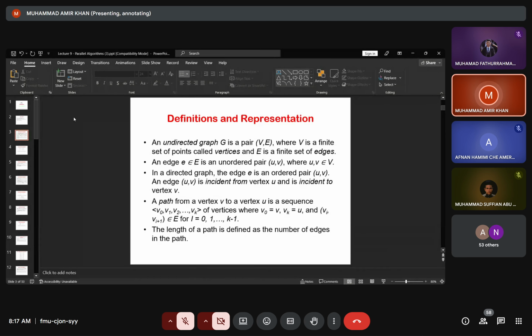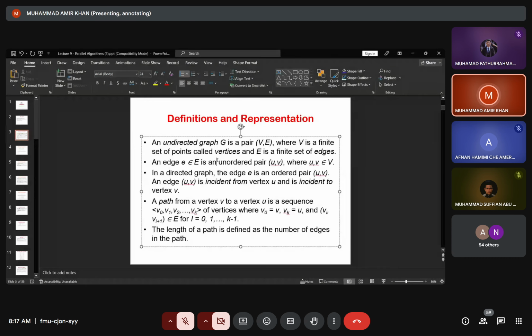So what is a graph? There are two types of graph, directed or undirected. For example, an undirected graph is an ordered pair V comma E, where V is a finite set of points called vertices. In a graph we have two things, nodes and edges.